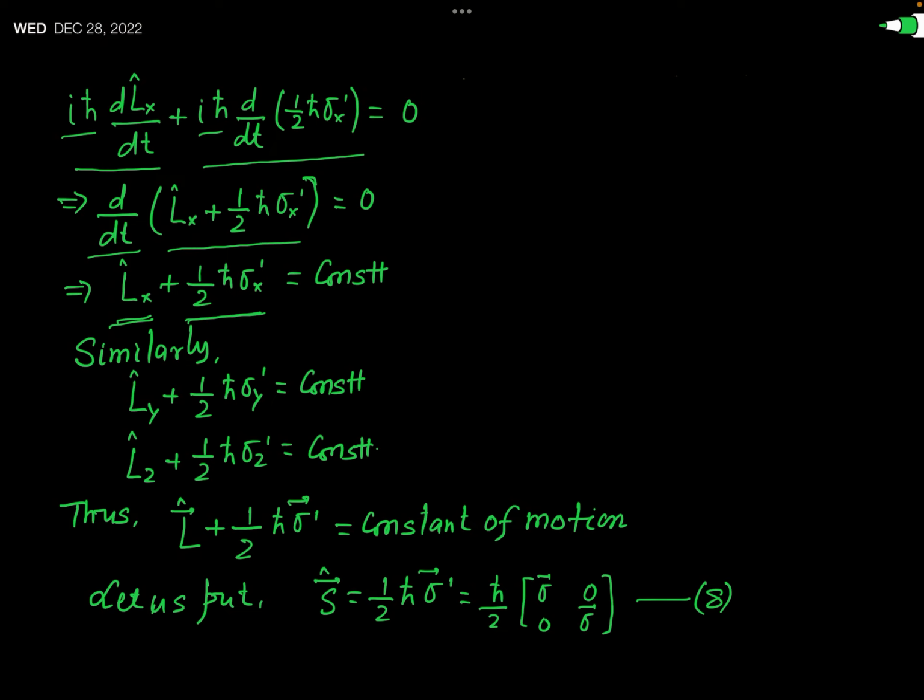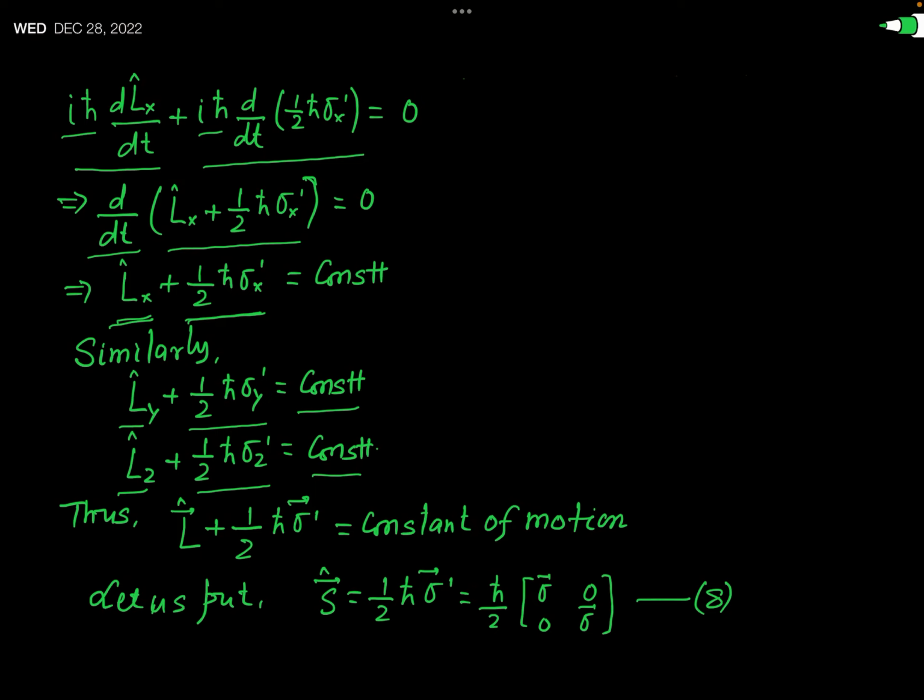Similarly, you have seen that Lyˆ and Lzˆ are also not constants of motion. In the similar manner, when you make the same calculation for the y and z components, you will see that Lyˆ plus 1/2 ħ σyˆ dashed is also a constant of motion, and Lzˆ plus 1/2 ħ σzˆ dashed will also be a constant of motion.